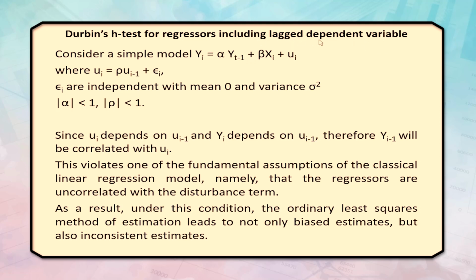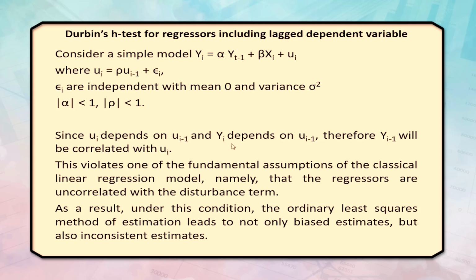So, we have a lagged dependent variable and the simple model is y_i regressed on y_i minus 1 and x_i, where u_i is autocorrelated of order 1. So, you can see that since y_i minus 1 is on the right hand side, it is one of the regressors.